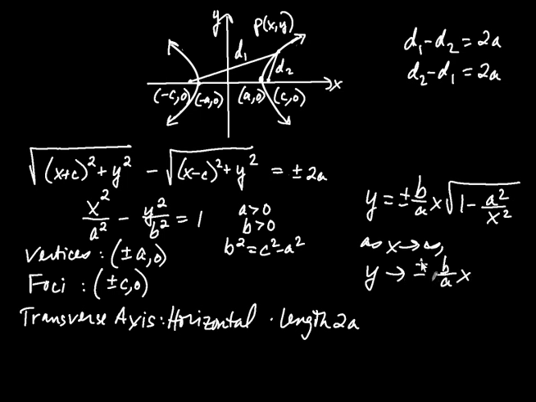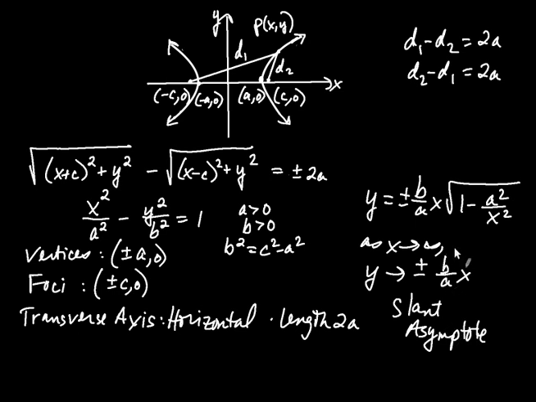That tells us that the hyperbola has what's called a slant asymptote. It's a line that the hyperbola gets closer and closer to as x goes to infinity or negative infinity. And that's important because we're going to use the asymptotes when graphing hyperbolas.